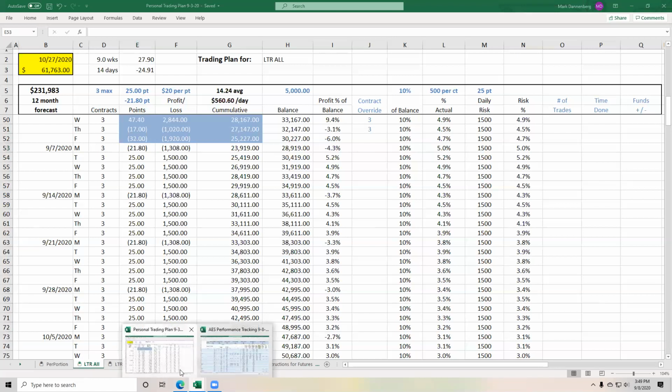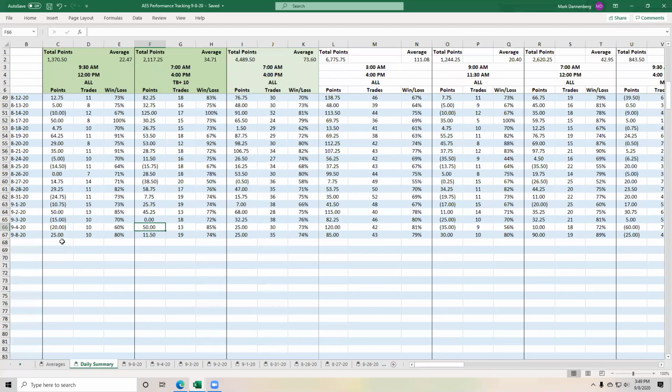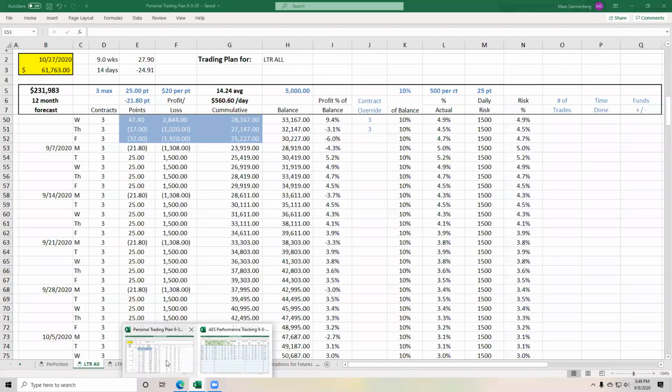I'm going to jump back over to our daily summary, and 9:30 to noon on Friday we were down 20 points. So on Friday we were down 20 points, and at $20 a point, that is $400. So we're going to go over here.